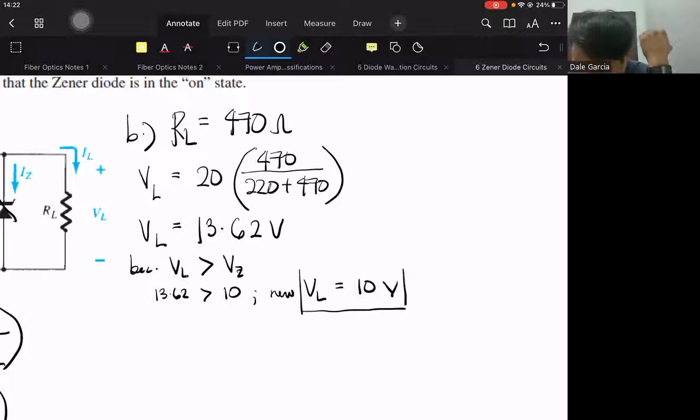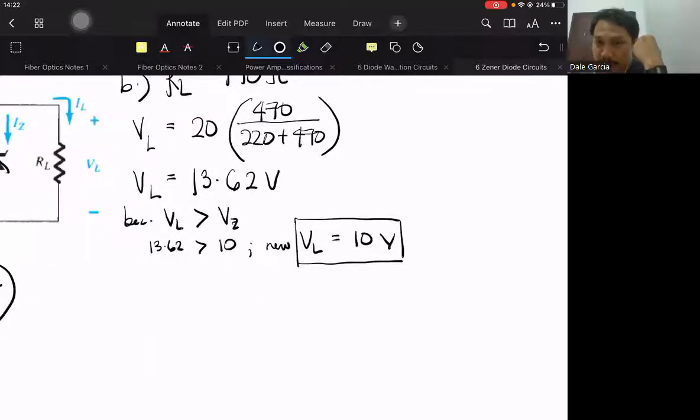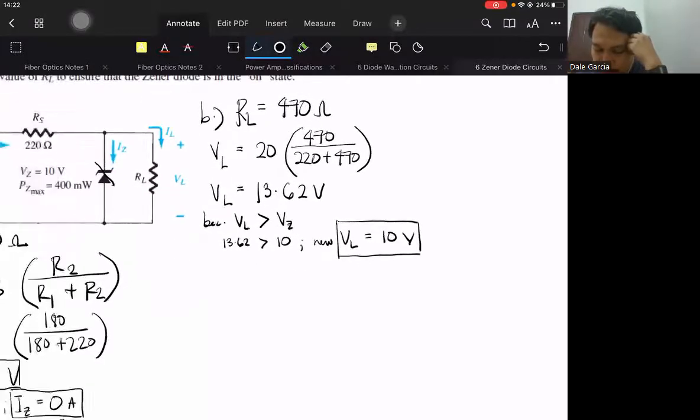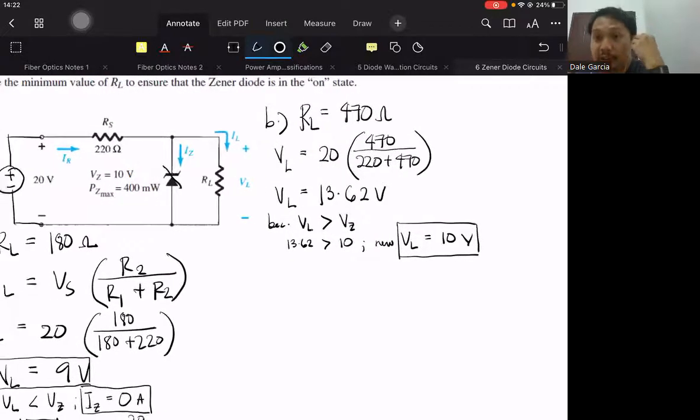The 13.62 is just a temporary voltage to see whether the Zener diode is reverse biased. We want the Zener diode reverse biased, with a voltage now of 10 volts. So the Zener diode has regulated the voltage across the load. Instead of 13.62, it's now only 10 volts.